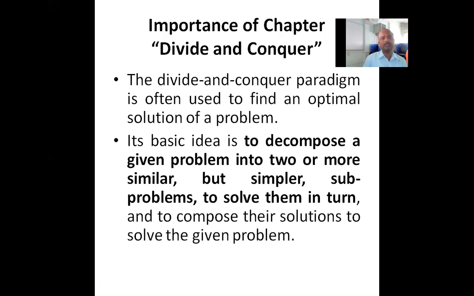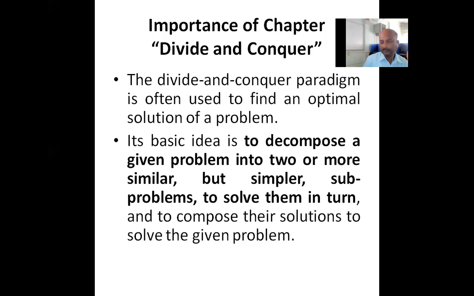Then why is this chapter important? This chapter is important to find an optimal solution of a particular problem. Whenever the problem is difficult, divide the problem into smaller subparts, solve those subparts and recombine them.